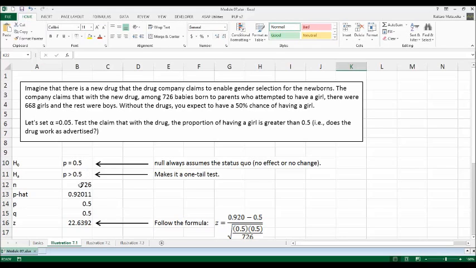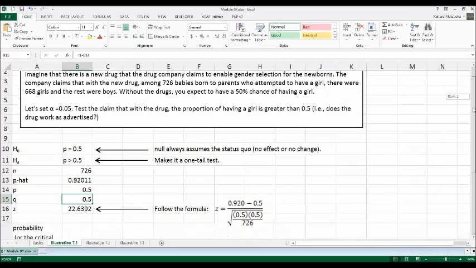So the n is 726 from the 726 babies here. The p hat is going to be 668 divided by 726 babies. That's the proportion p hat. The population proportion, you expect it to be 50%. So that makes the q also 50%.